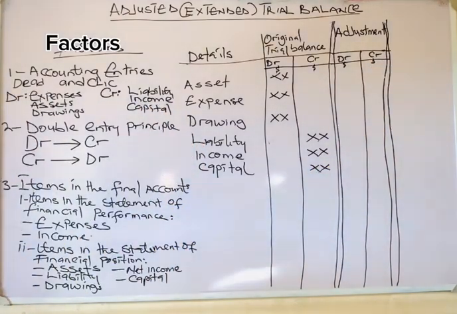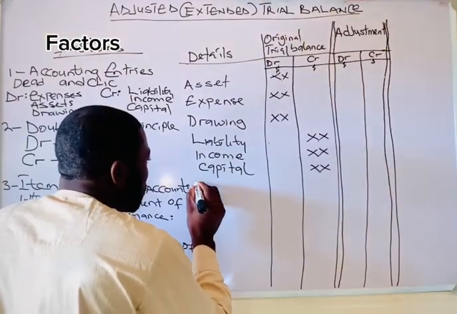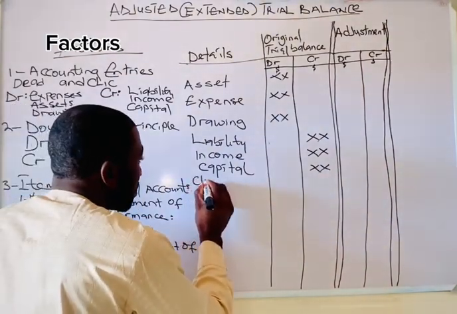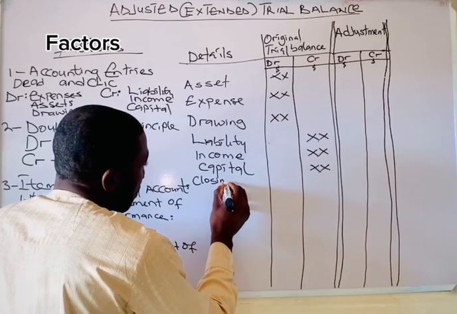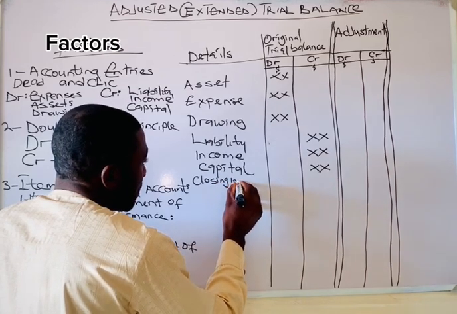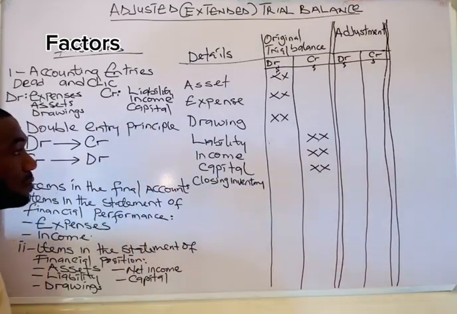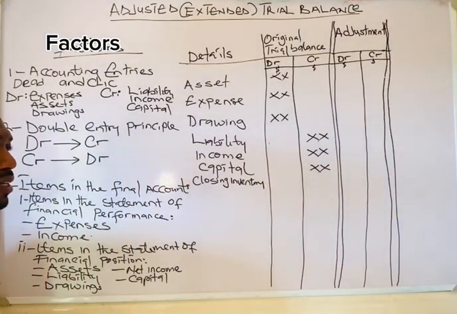So, if there is an adjustment at the end of the accounting period, let's say there is closing inventory. We want to do our adjustment now. These closing inventory are treated in two ways.